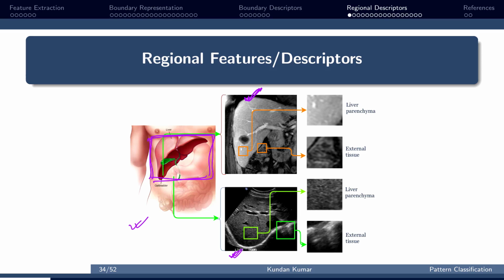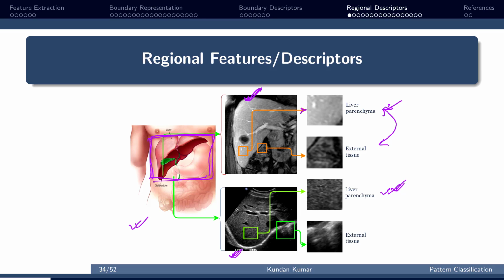When we consider the two different imaging techniques, you can observe that the texture of the liver in CT scan and the texture of the liver in ultrasound are totally different. That means textures vary when we change the imaging technique, and also the texture is different when it belongs to different body parts.